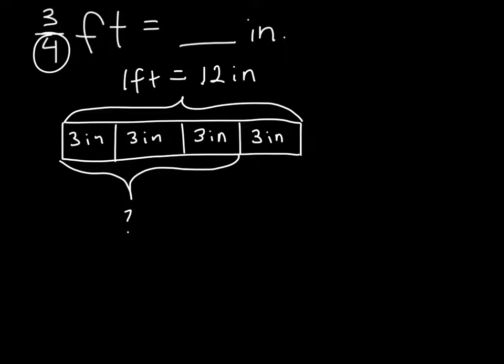And then for my last step, I have to multiply 3 inches by 3 because I want to see how much is in 3 parts, not just 1 part. And of course, 3 times 3 is 9, so my answer will be 9 inches.